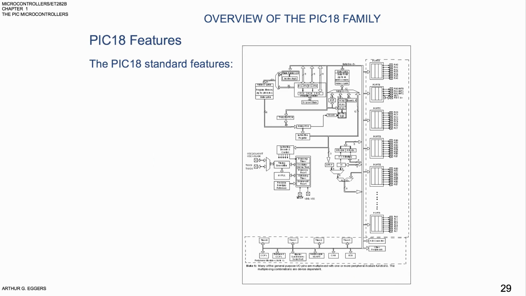At this time, no 8-pin version of the PIC18 existed, and that is the main reason to choose other family members of 10 through 16 if your design calls for a smaller package.